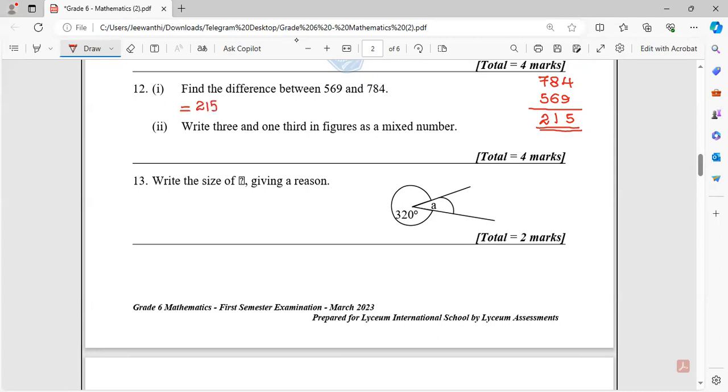215. Write 3 and 1/3 in figures as a mixed number. Children, be mindful. 3 and 1/3, this is how you want to write. Some students write it like this, which is wrong. Some students just write it like this, which is wrong, right?